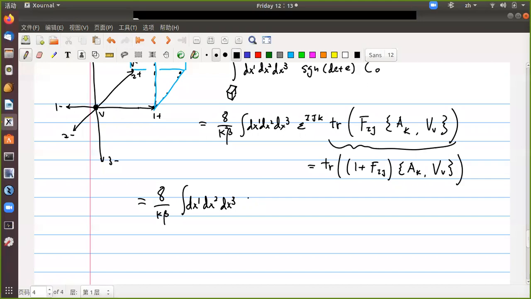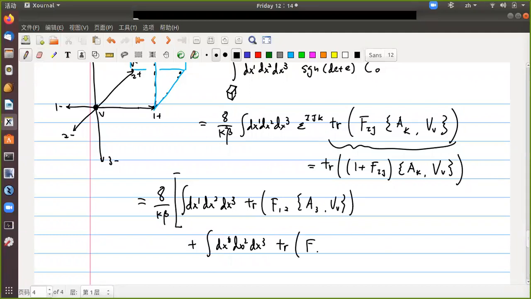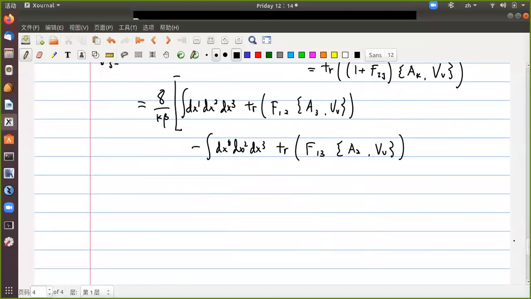So epsilon 1, 2, 3, you get trace F_12, Poisson bracket A_3, V. Let me put a bracket here, and you get another term dx1, dx2, dx3, trace F_13, and then you get minus A_2, V. So you just expand in components, plus a few other terms.